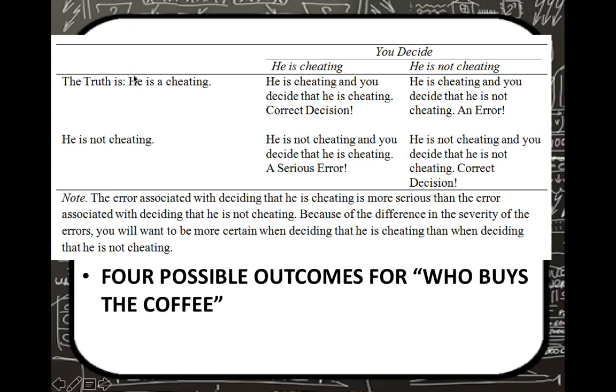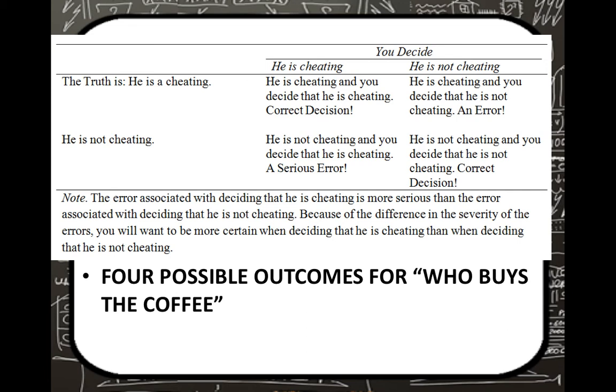So either a hypothesis is true or it is not true, and you either decide, oh yeah, my hypothesis is true, or my hypothesis is not true, right? So we can create an equivalent scenario talking about hypothesis testing as talking about whether your friend's cheating on buying coffee or not.